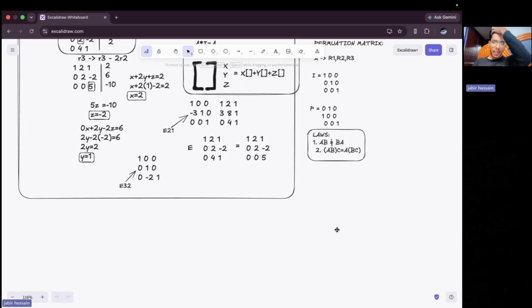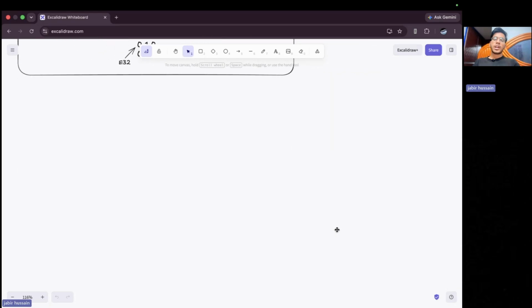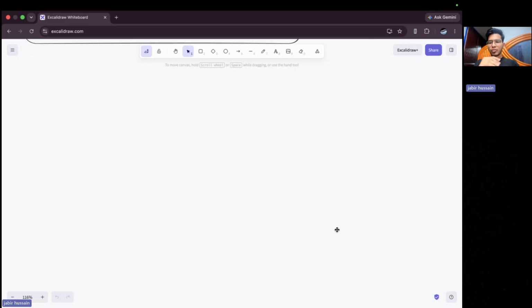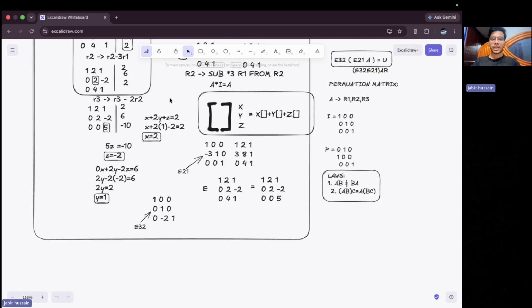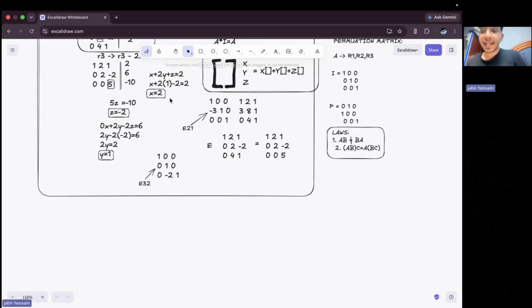Now in this lecture, first of all we'll see how we can visualize matrix multiplication. We have been doing matrix multiplication in the above case, but we will see how exactly it happens and what the ways of looking at it are. How do we visualize matrices, how do we multiply them?